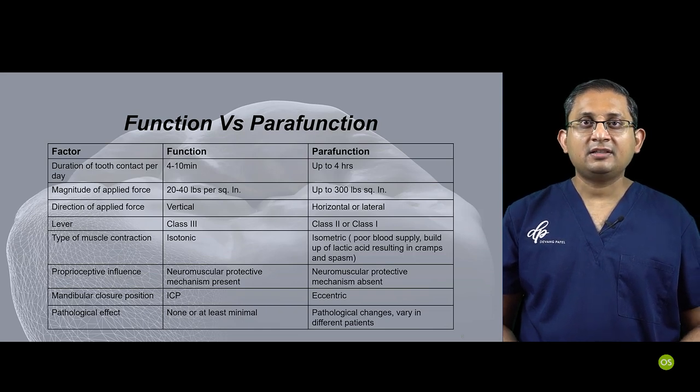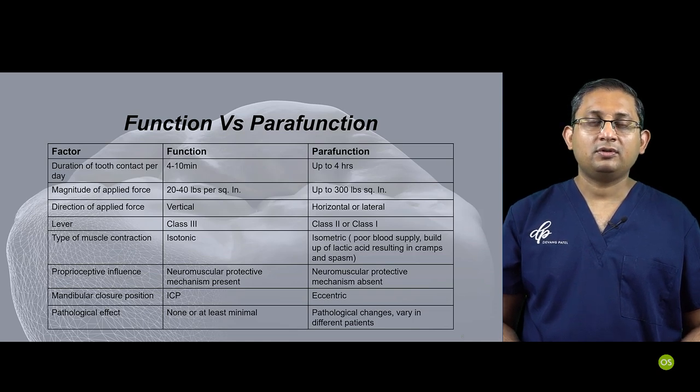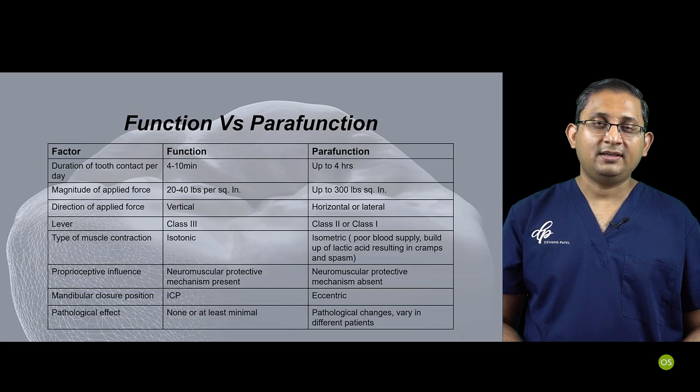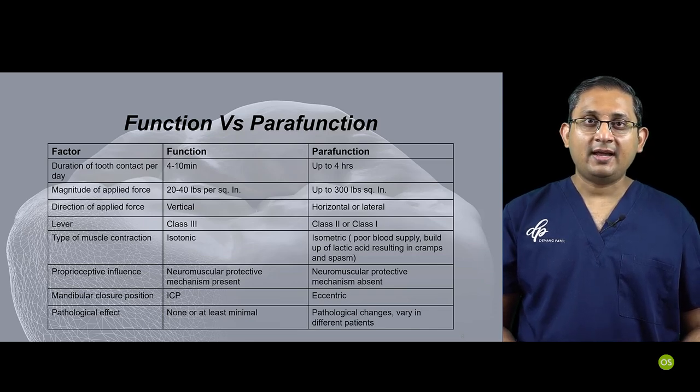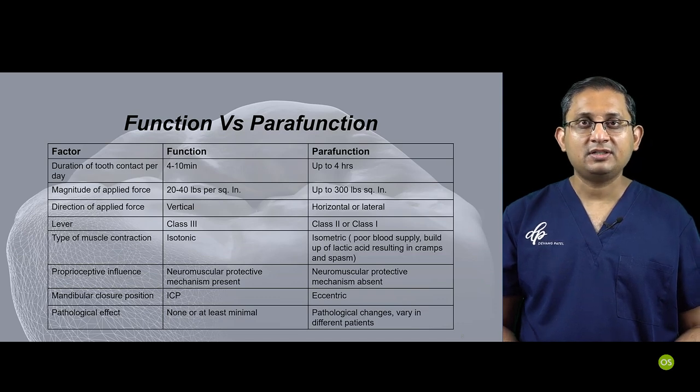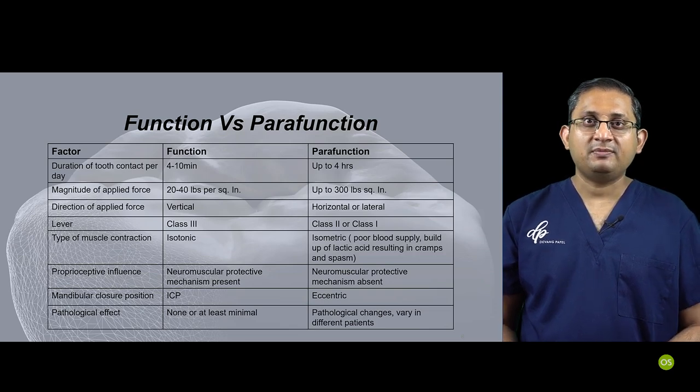And the last point is that the pathological effect of function is almost none, because it's a normal function and our body has evolved to perform that normal function. Whereas the pathological effect of parafunction varies in different patients, because some patients are adaptable to parafunction.